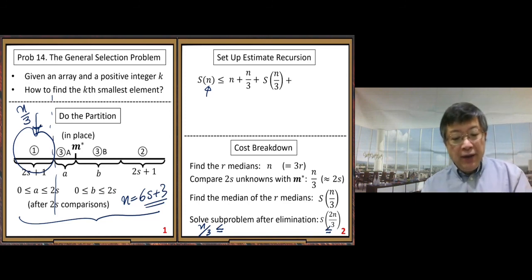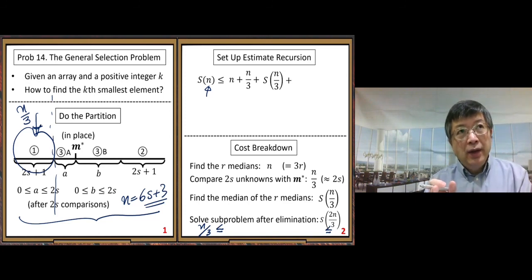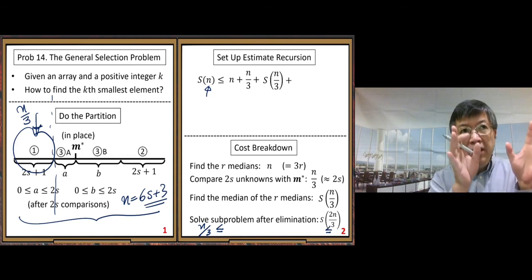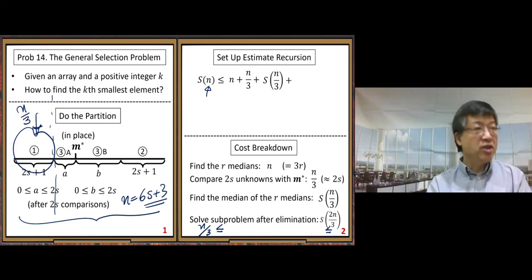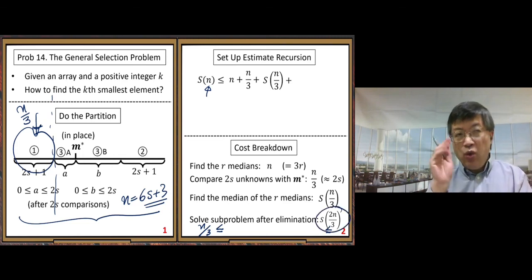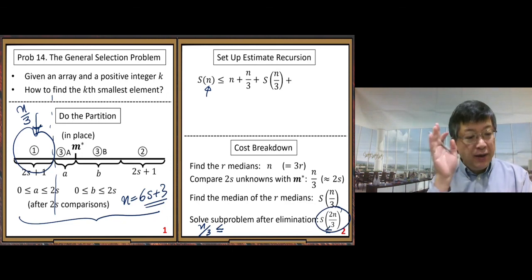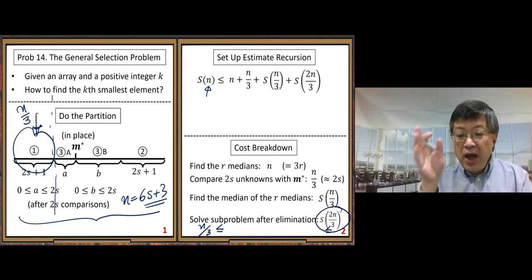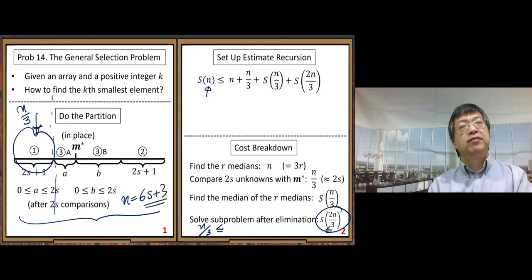The remaining, in the worst case, here we consider the worst case, because that's the bottleneck. So we have to take care of the worst case. That's why we add S of 2n over 3 back to the inequality.